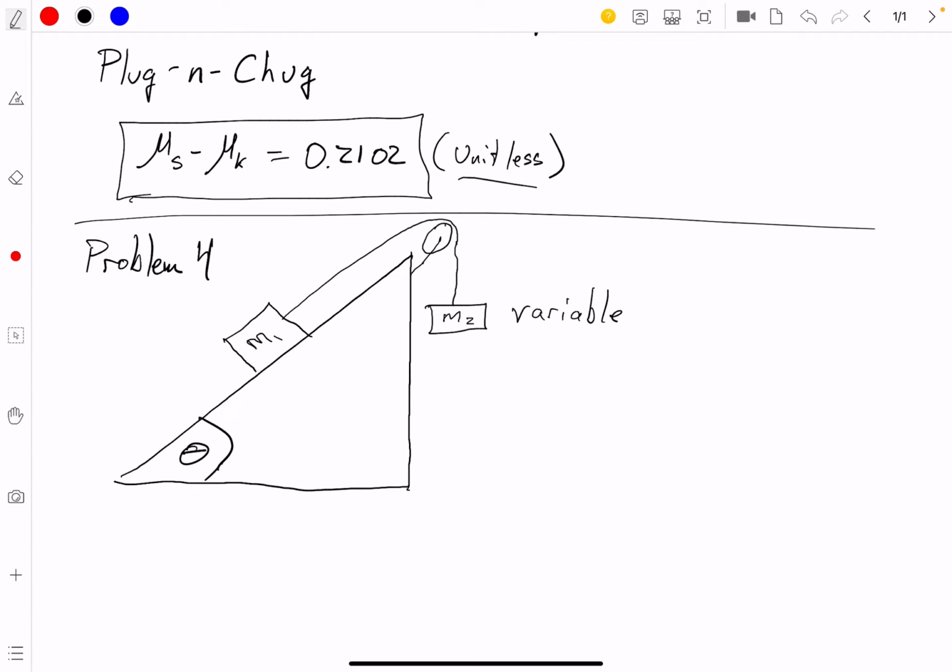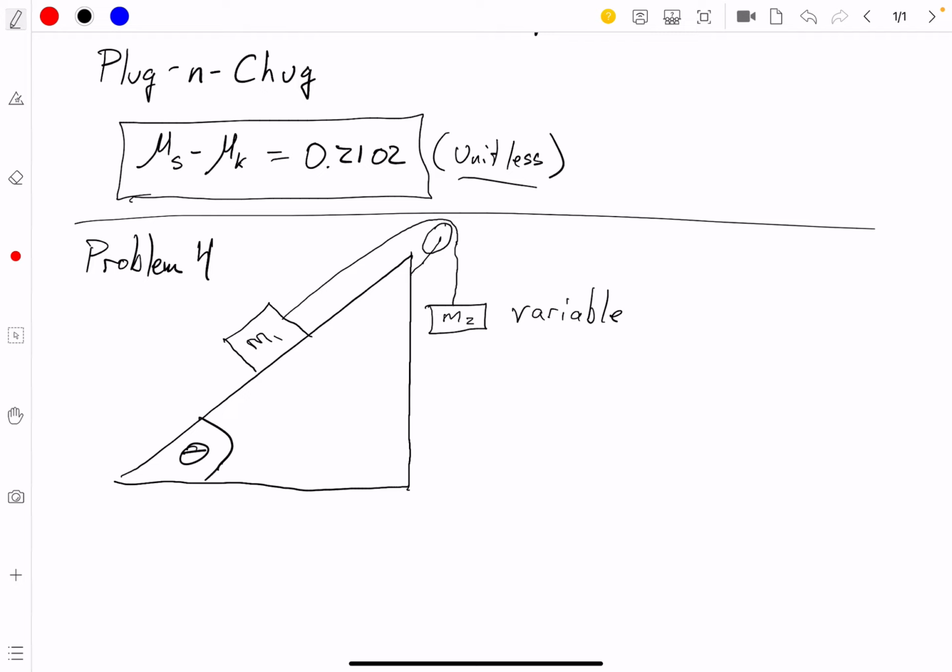The first thing is, let me get my notes here, hold on. What is the maximum value that M2 can be so that the whole thing stays still?